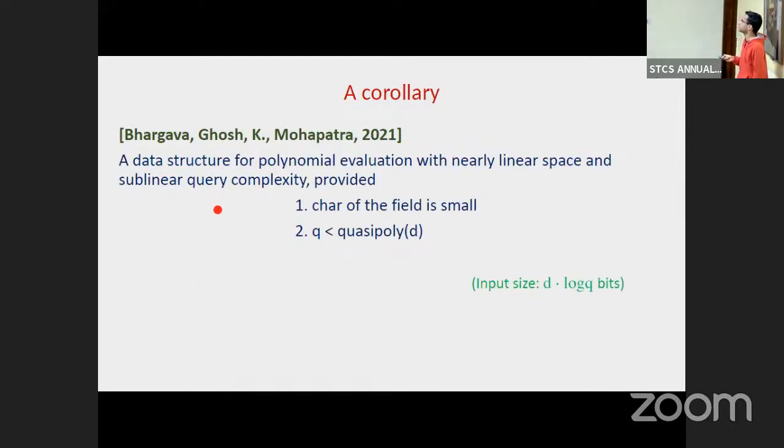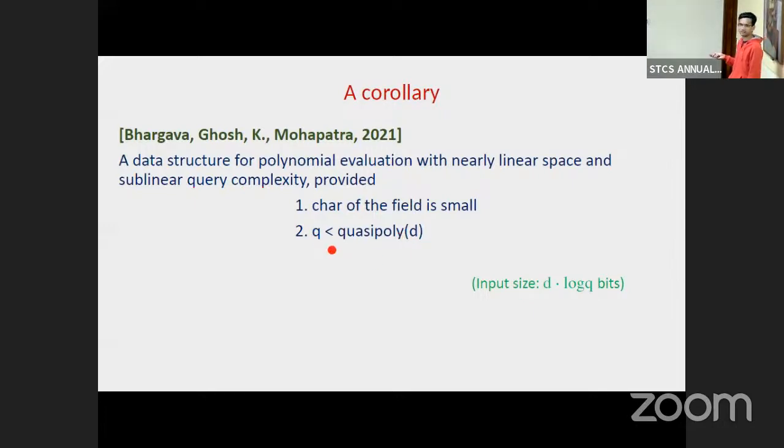And one consequence of our algorithm for multi-point evaluation over fields of small characteristic is that you can actually get a data structure for polynomial evaluation which has nearly linear space complexity and sublinear query time, and that's algebraic. We require the field to be small, we require the characteristic to be small. We also have a bound on the field size.